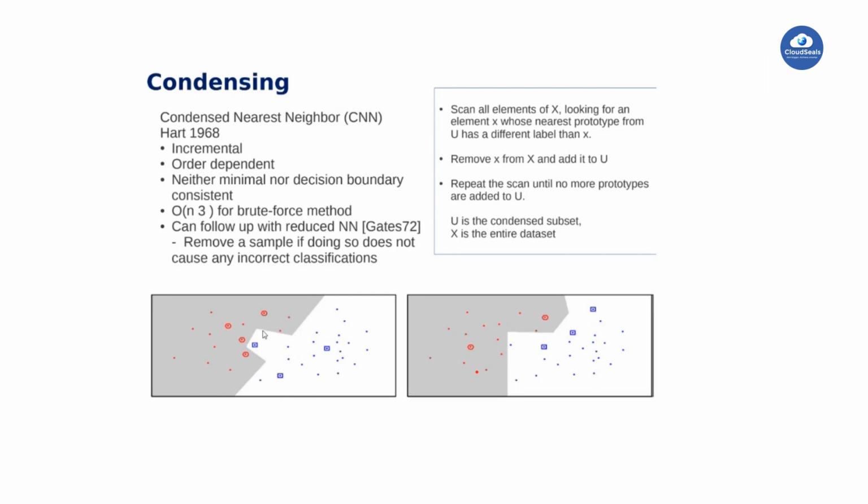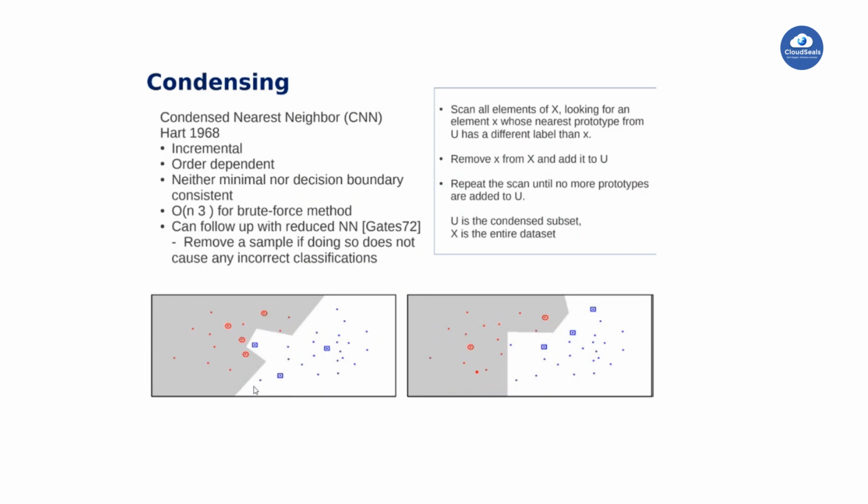By removing these, we are able to separate these two red and blue clusters like this. Clusters means classes. If there is any red point here, there might be a chance.